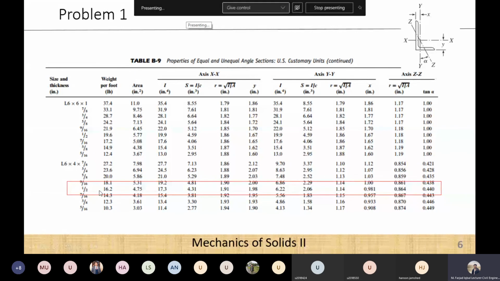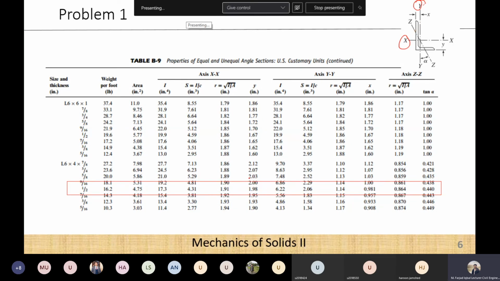From this section you have to look at this figure and these distances. These are my centroidal axes y and x, and I want to know the distances of this centroidal axis with respect to the extreme left or extreme right of the cross section.